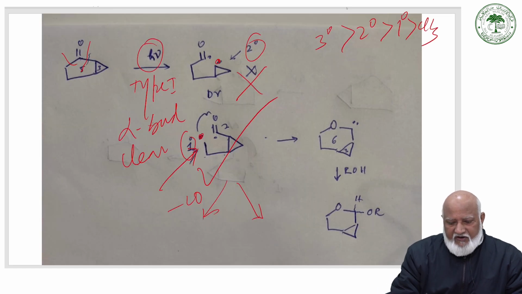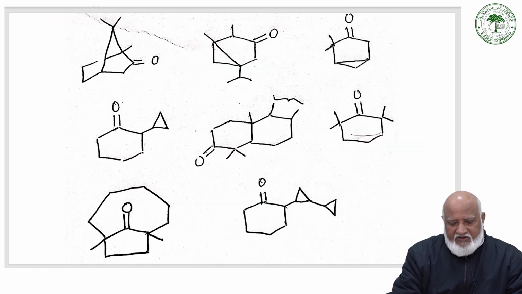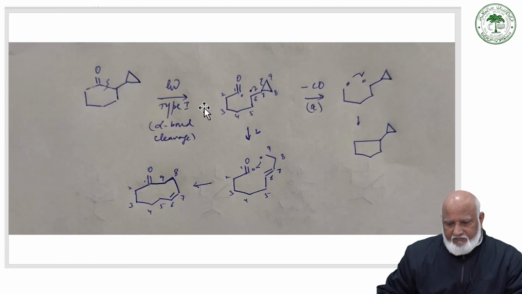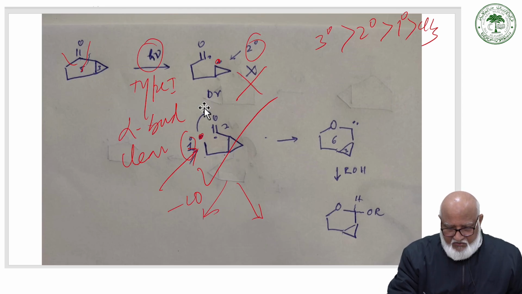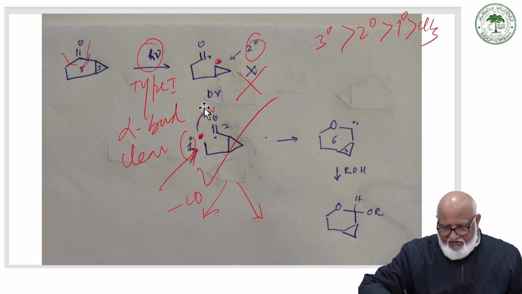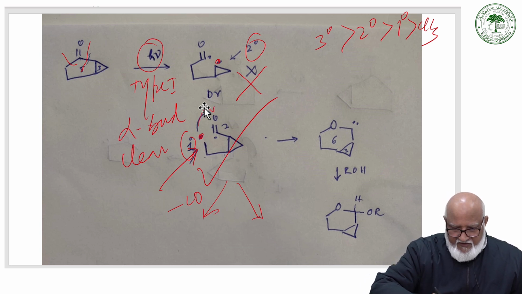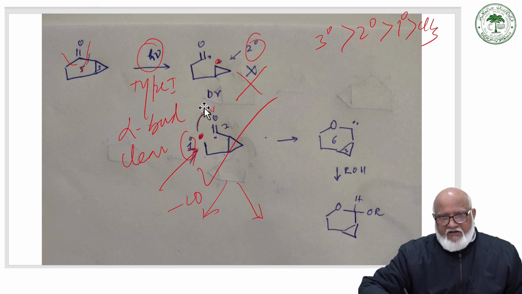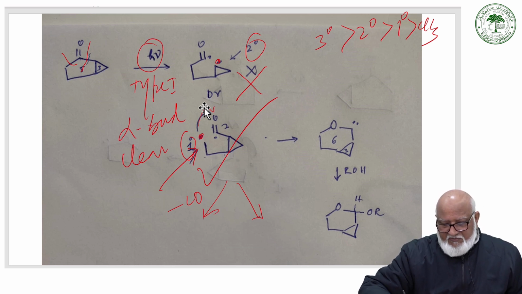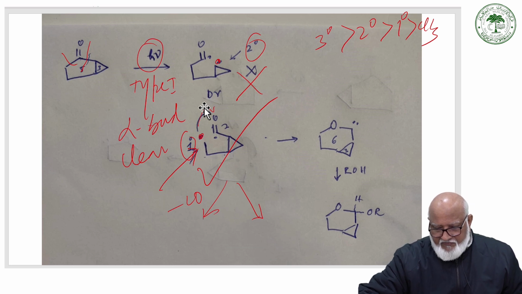As far as the ring expansion product is concerned, this radical is going to add on this carbon to generate this 5-membered ring, 5 and 3. When oxygen is incorporated in the ring, it is going to be a 6-membered ring, and a carbene is going to be generated here.